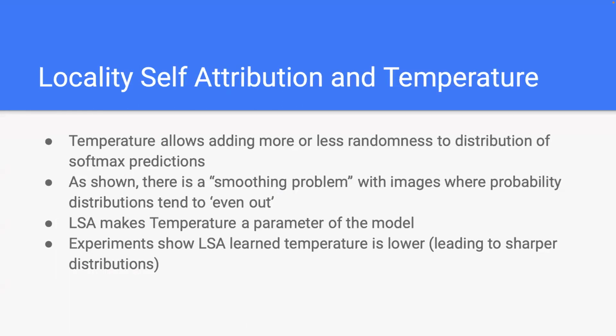So you add it as another parameter to your network, and now the network actually learns the temperature parameter. And when they did these experiments, the learned parameter actually tends to be a lot lower than the one a human being would pick as a hyperparameter. And so it led to sharper distributions. So it tended to give better accuracy by basically, yeah, question.